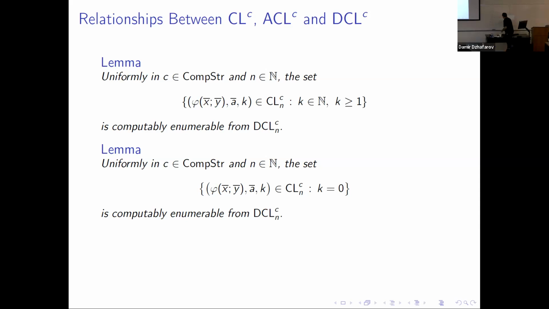So now what I can do is I can choose B0 and B1, which are the same type. And I can ask, is there a unique realization of phi of B0, z in DCL?